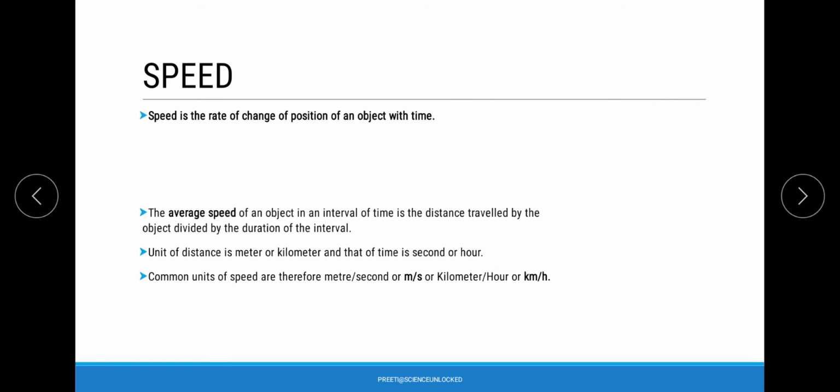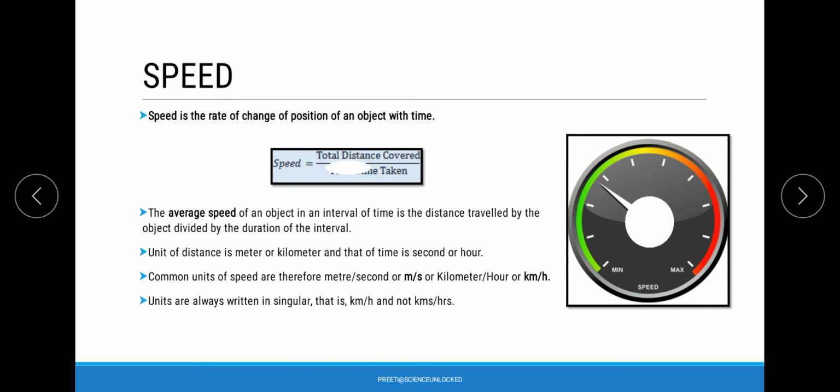So common units are meters per second or kilometers per hour. Units are never written in plural, always in singular format. The formula for speed is the total distance covered by the object divided by the total time taken. So that is the aspect related to speed.